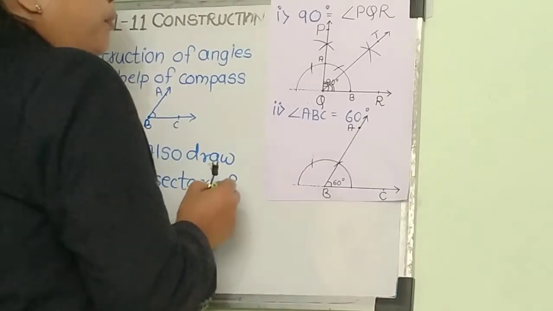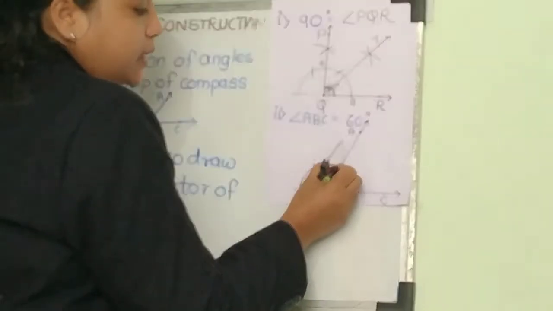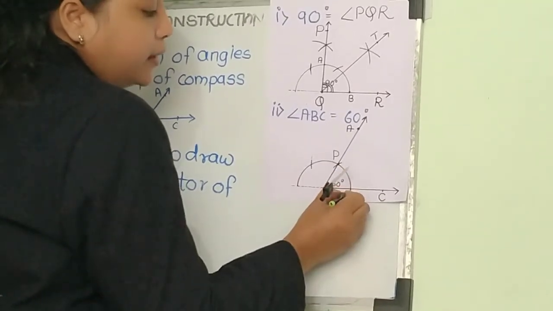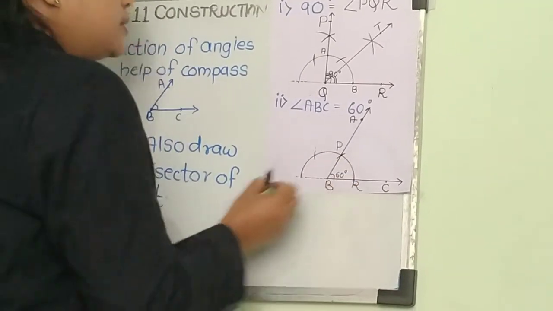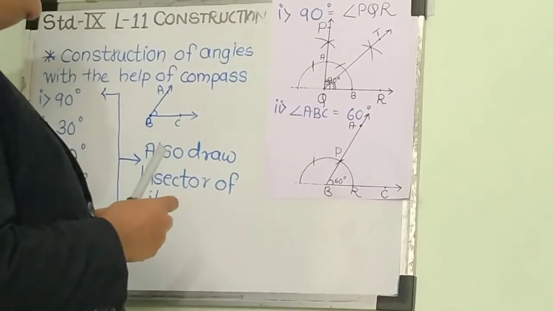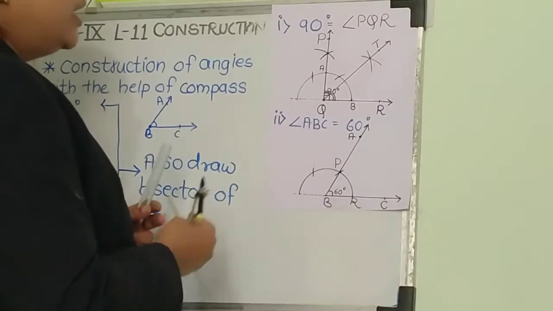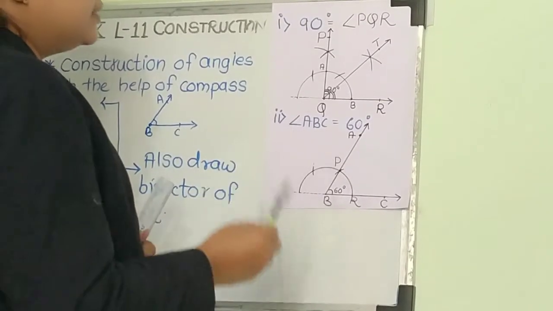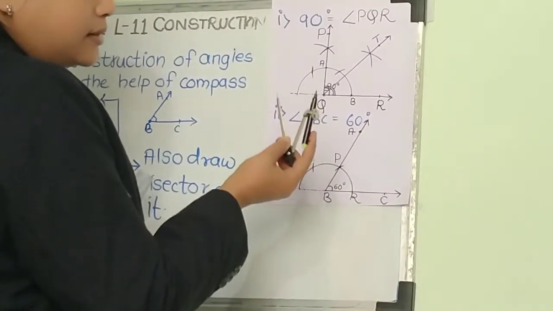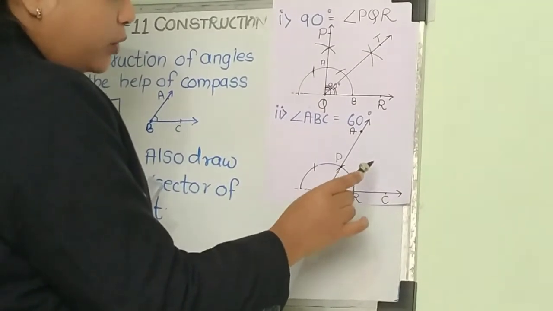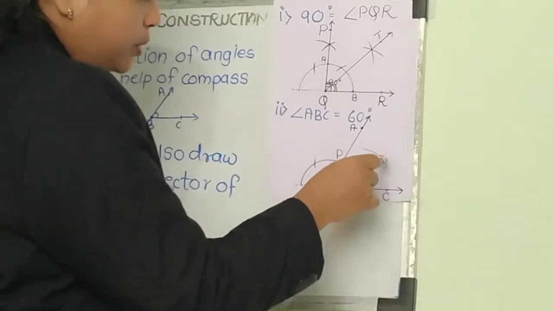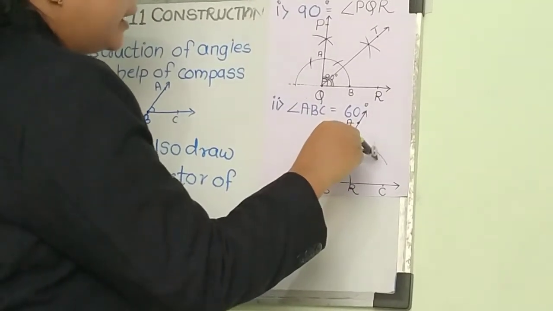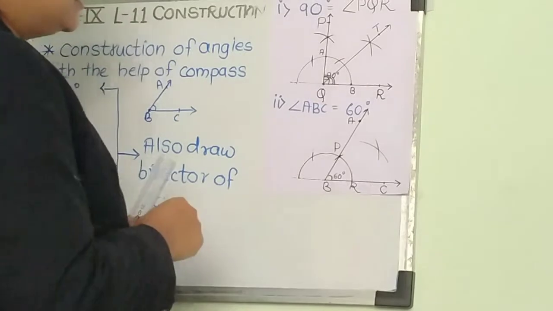Now we have to bisect it. It means here we are going to take point P and here we are going to take point R, suppose. Then through the points P and R, we have to draw two intersecting arcs with a fixed distance. So I am going to take this distance, and now I am going to draw the arc through the point R and through the point P with the same distance.